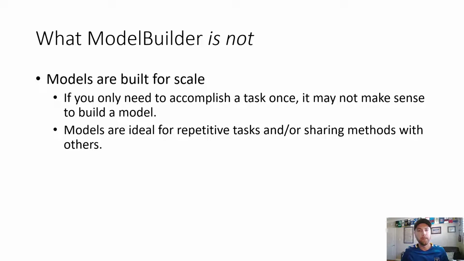So if it's only one single task that needs to be accomplished, it may not make sense to build a model. Models are ideal for repetitive tasks and/or for sharing methods with others. So that's what I mean by scale. If there's something that's going to be repeated multiple times in the future, or you have a large amount of data that needs to be processed, maybe in a geodatabase or elsewhere, then a model makes sense. But if it's just one single task, maybe not so much. So be mindful of that.